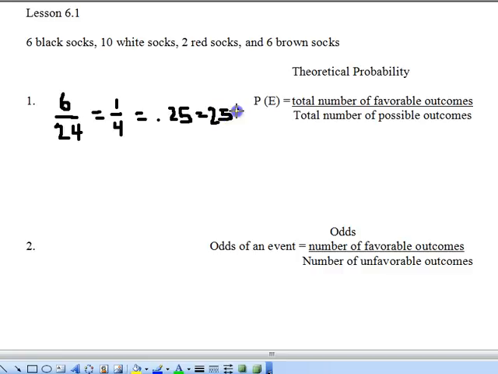So the answer for the probability of getting a brown sock from the sock drawer is a 25% probability.